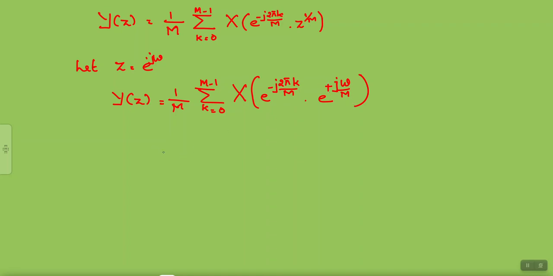That is equal to 1 by m summation k equal to 0 to m minus 1 x of e raised to j omega minus 2 pi k by m.